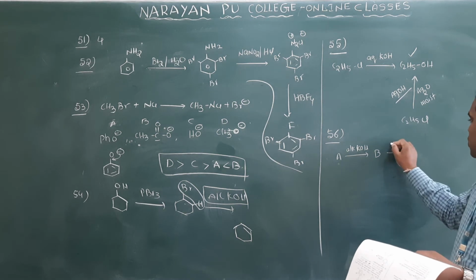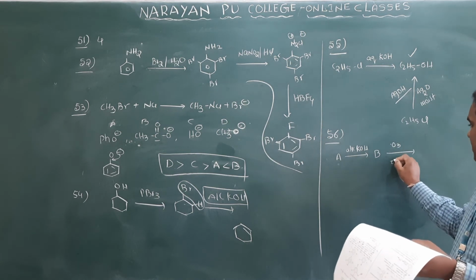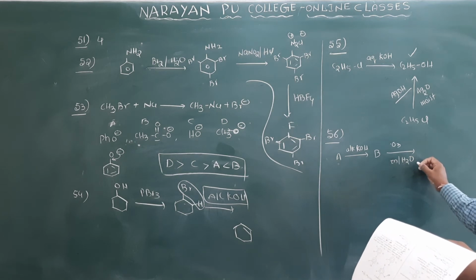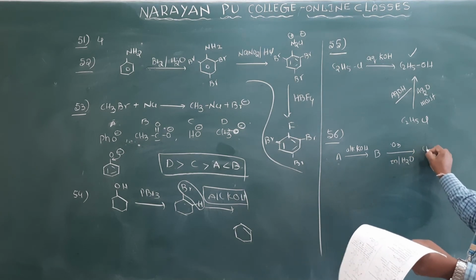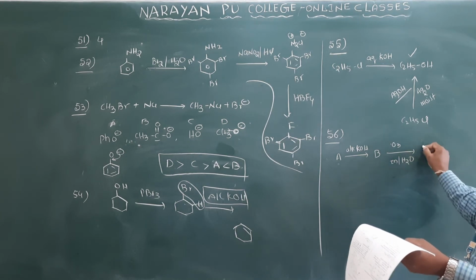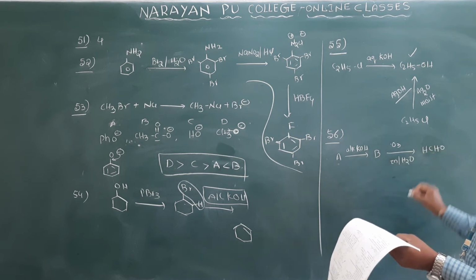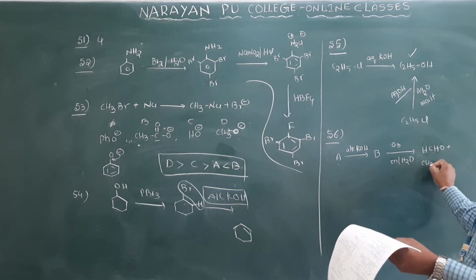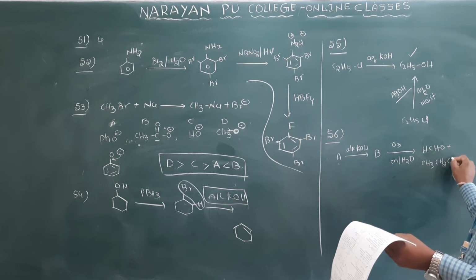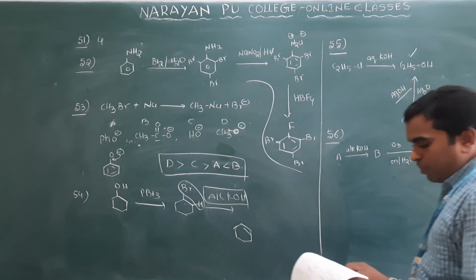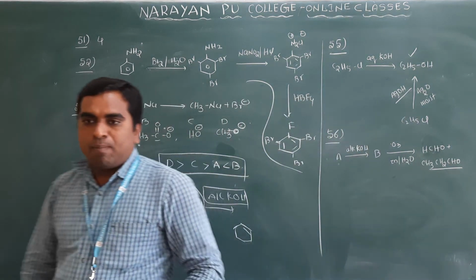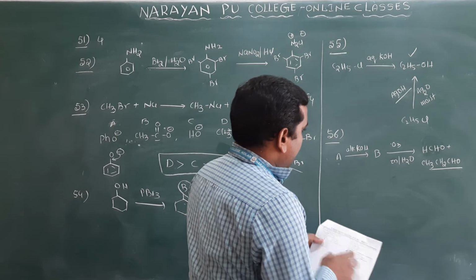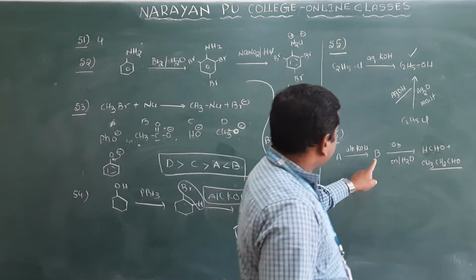Which on ozonolysis followed by reduction gives the compounds: one is methanal, formaldehyde, and another one is propanal, CH3CH2CHO. Then they are asking what is the compound A. Clear? See now here.